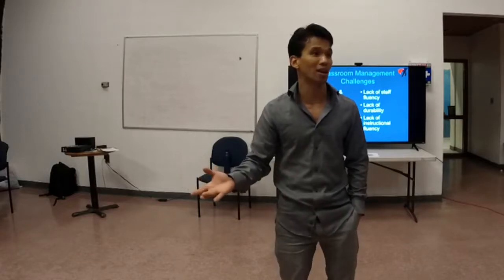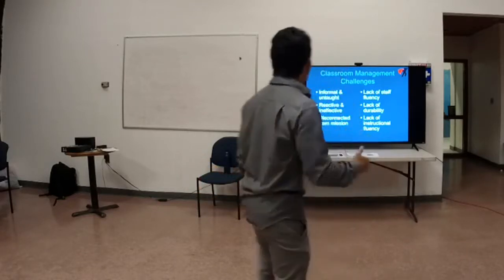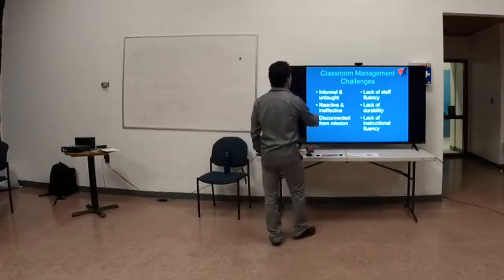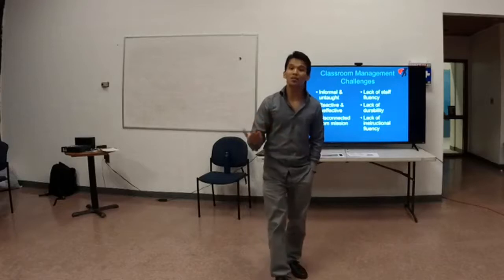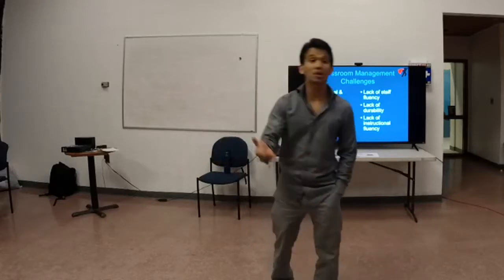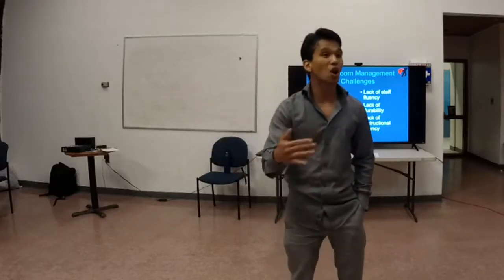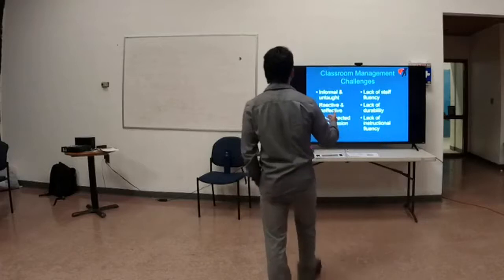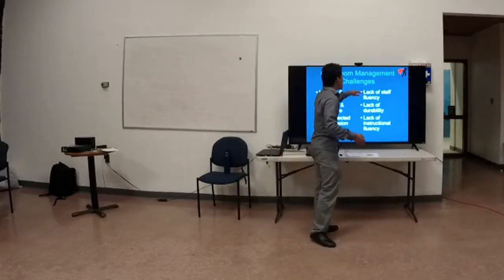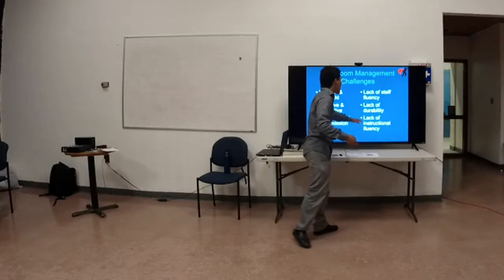They don't like it. So usually rules are often disconnected from the mission. Whereas if you are giving kids values like be respectful, kids understand the context from the activity perspective, why that's related.